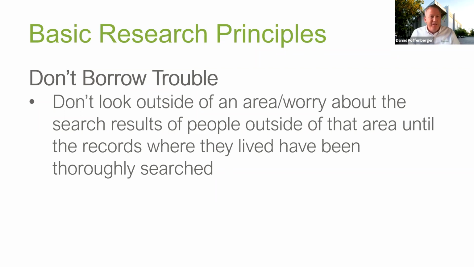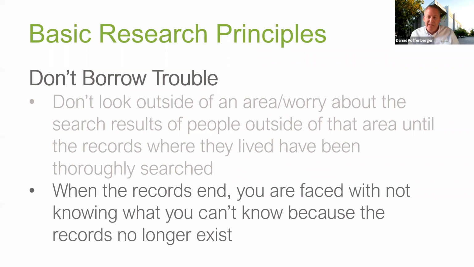And the other piece to this that I see, especially with Irish research, where church records begin on average about 1820, the temptation is you've researched back in the parish register as far as the registers go. And your family could still have lived in the area for a previous 100 years, but there are no records that document that family, or if they exist, their estate records or something that are difficult to find.